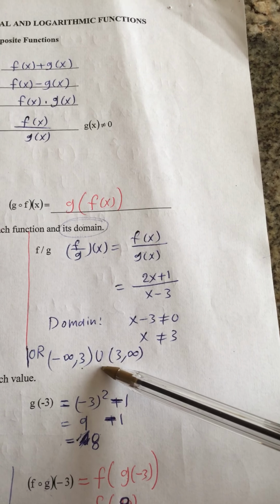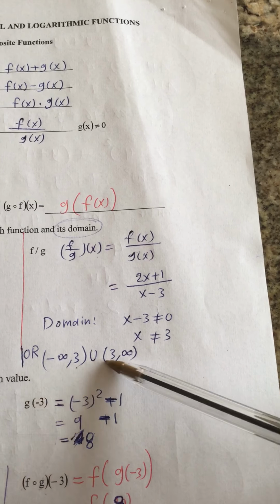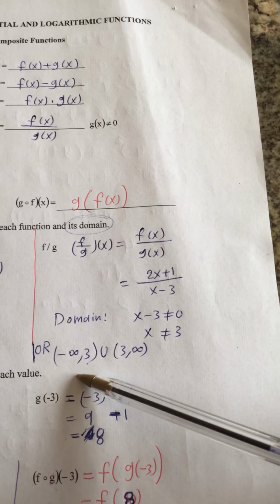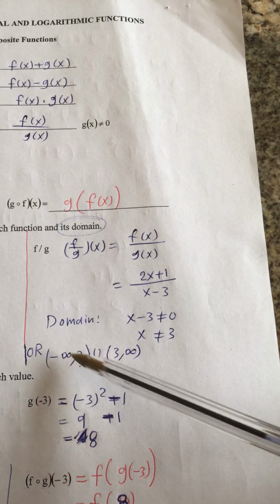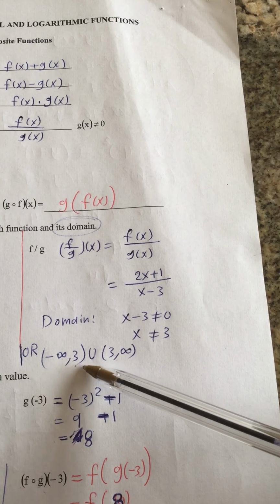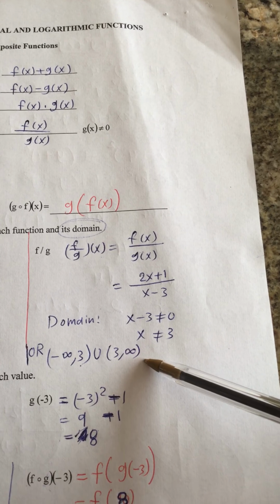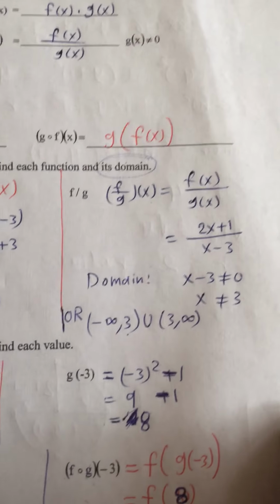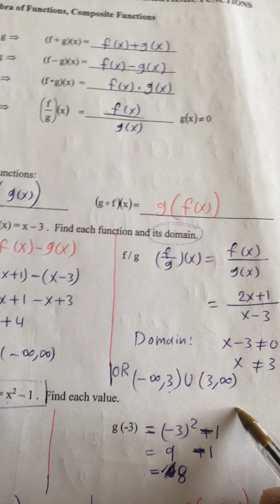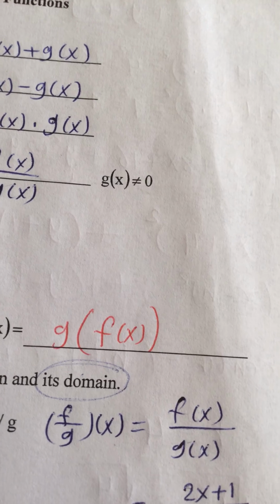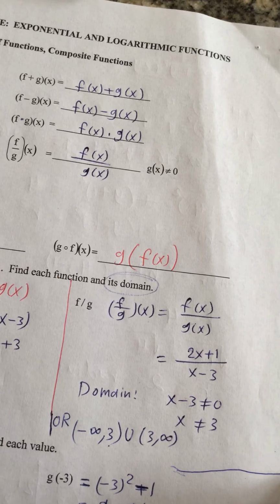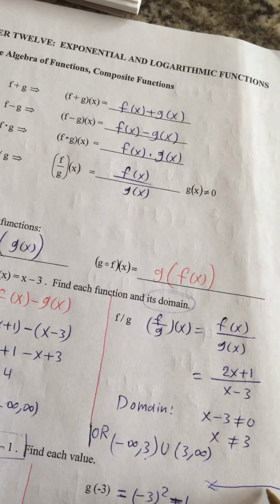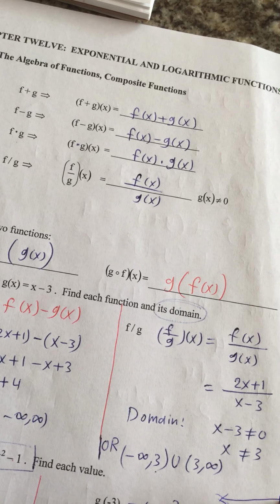We can rewrite the domain in interval notation. So the domain is minus infinity to 3, parentheses. Here 3 does not belong to the domain. Union 3 to infinity. If we have here the number line, suppose this point is the 3, so we graph an open circle at the 3.